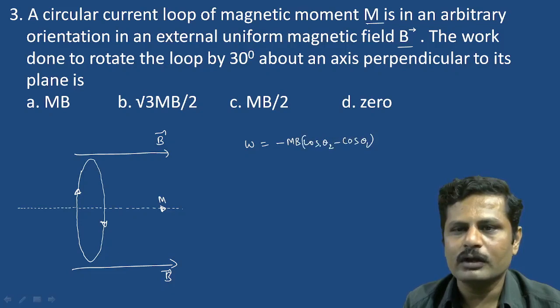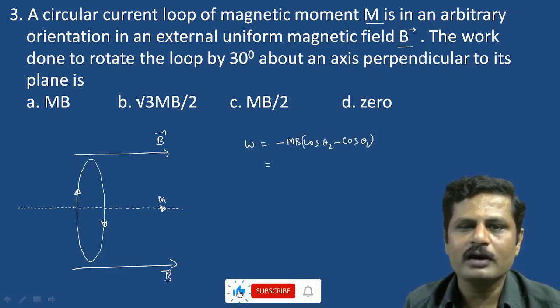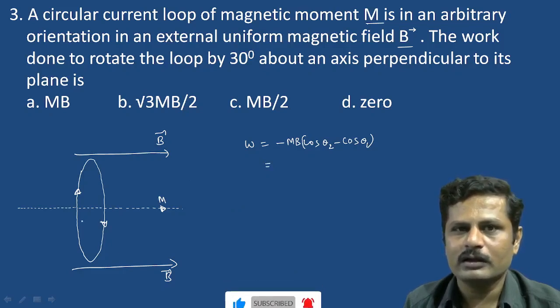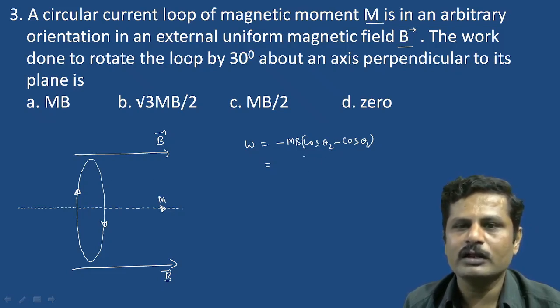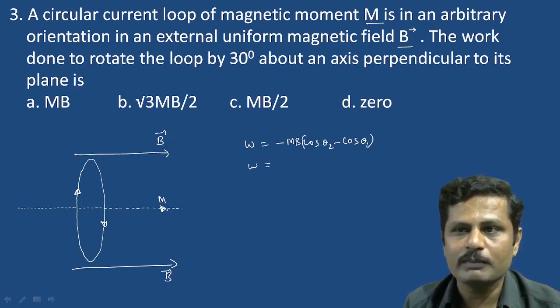As we know, theta 1 is the angle between the magnetic field and the magnetic moment before rotating the loop, and theta 2 is the angle between the magnetic field and the magnetic moment after rotating the loop. Now suppose I rotate the loop by 30 degrees about an axis perpendicular to its plane.